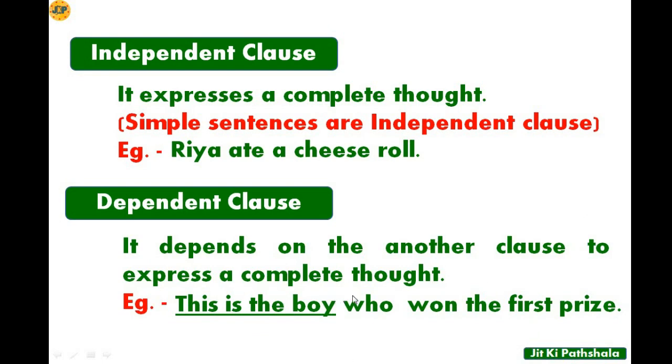Now we understand what the sentence actually means. So in this way, "who won the first prize" has taken the help of "this is the boy" to express its meaning, and that is what a dependent clause is.